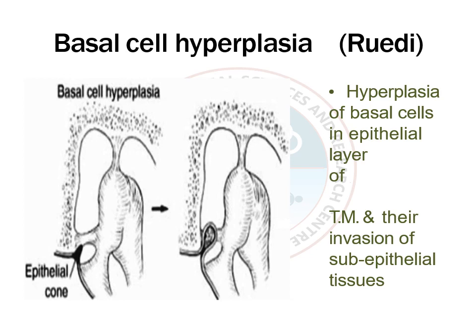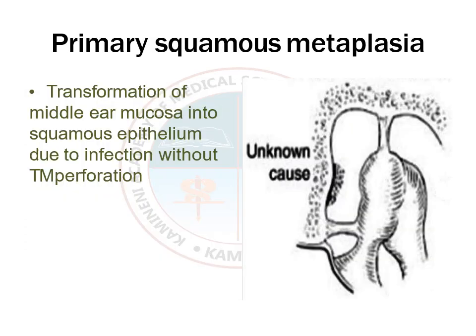Then this expanding cholesteatoma cuts off from this region and forms in the attic region. So the only point in basal cell hyperplasia, given by Ruedi, is hyperplasia of the basal cells in the epithelial layer, so it forms a cholesteatoma.